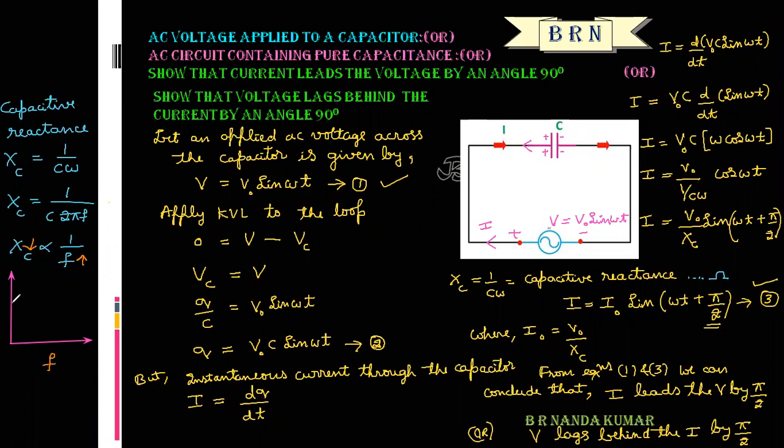This is the graph of Xc versus f. Capacitive reactance is taken along the y-axis and frequency along the x-axis. As the frequency of the applied AC voltage increases, the capacitive reactance gradually decreases.